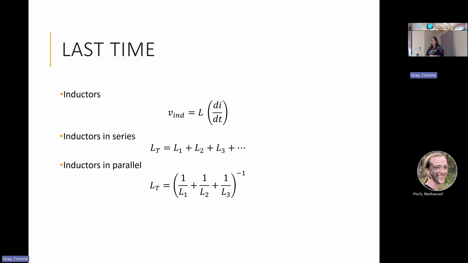And then we have our series and parallel equations for inductance, which we do the same way we do for resistors. So any questions on last time?